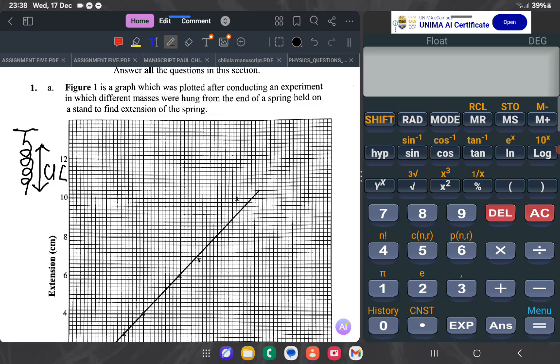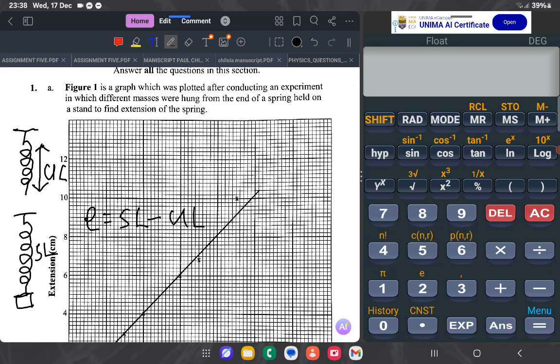Now when you hang a mass to it, its length is going to increase, and this new length is called stretched length. So when you subtract the stretched length minus the unstretched length or the original length, you get what is called extension. So extension is the stretched length minus the unstretched length.